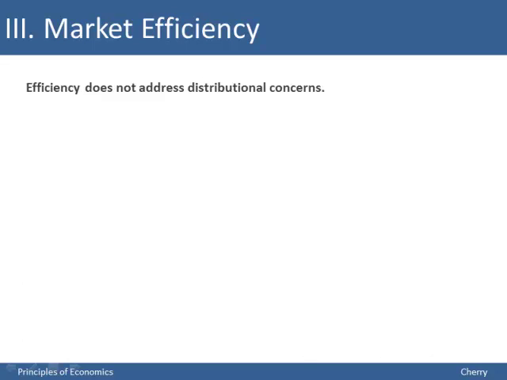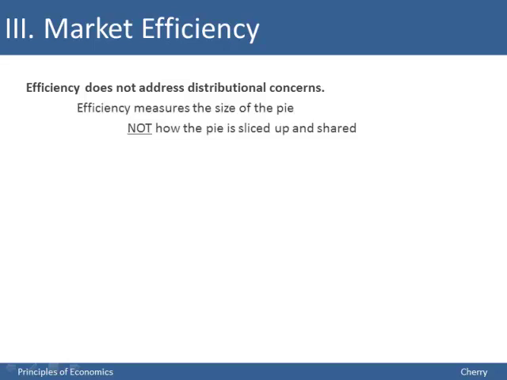Now, we spend a lot of time talking about efficiency, but this does not address distributional concerns. And distributional concerns is important. As I said before, efficiency measures the size of the pie, or how much welfare is generated by the markets. It does not address the issue of how those benefits and how that welfare is distributed among society.